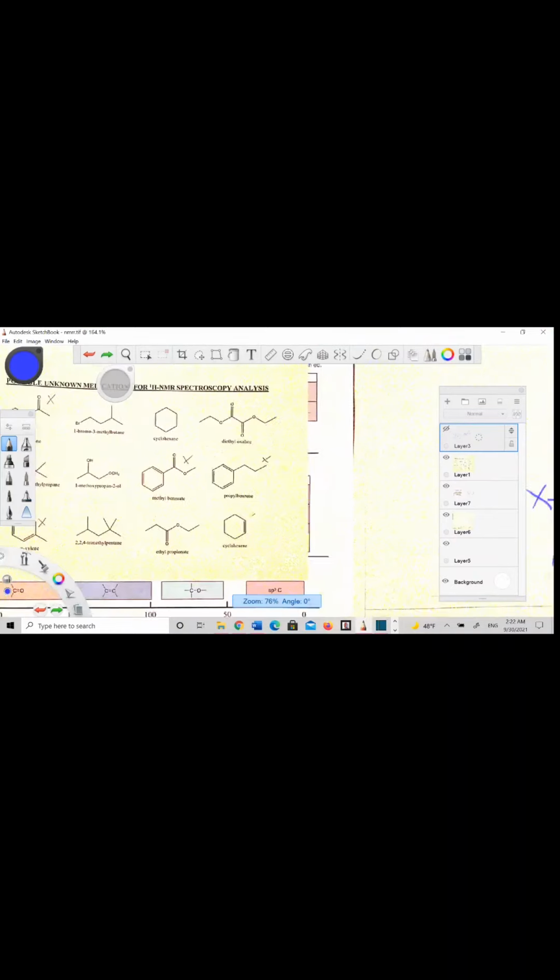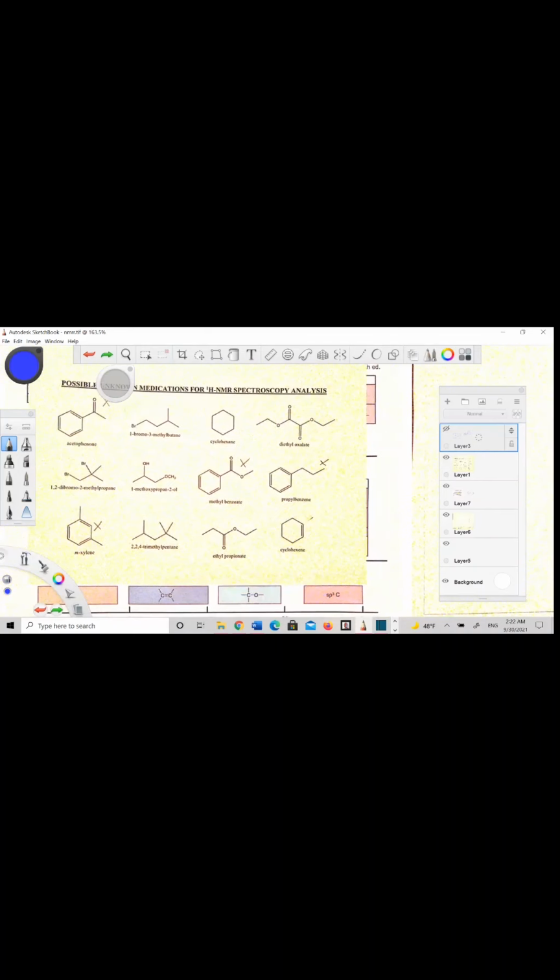Alright, so let's compare to the samples that we were given. I'm going to go quick here, I'm running out of time. Right off the bat, we can mark a lot of these off because we didn't have any 7.2 points, so we can cross off any aromatic compound.